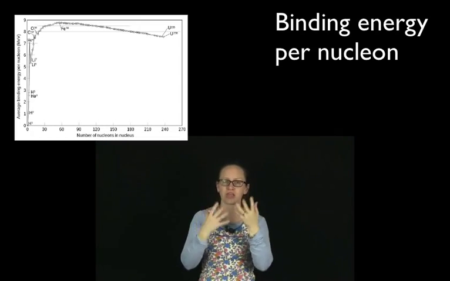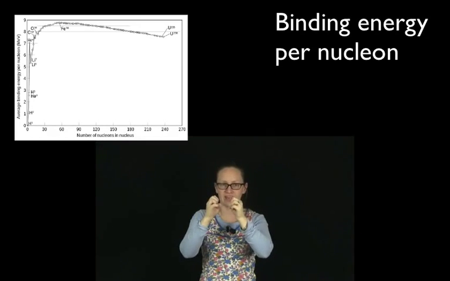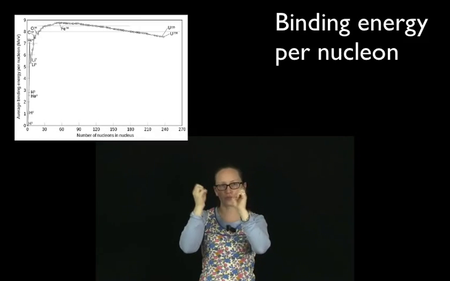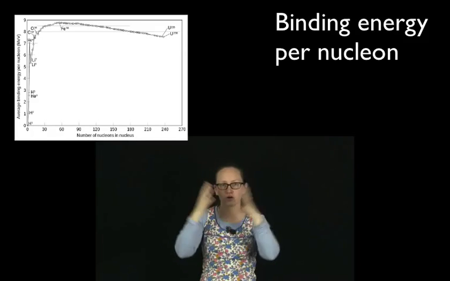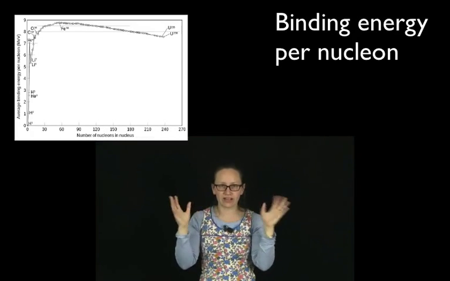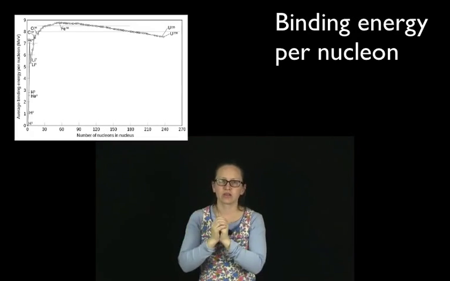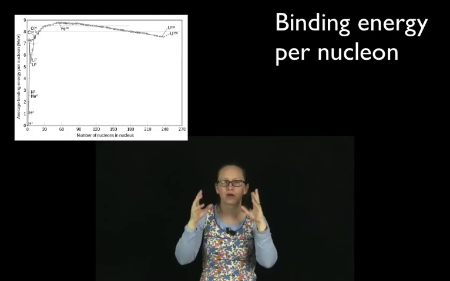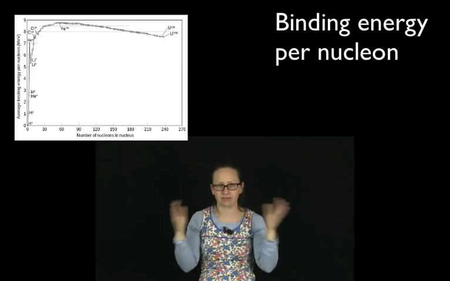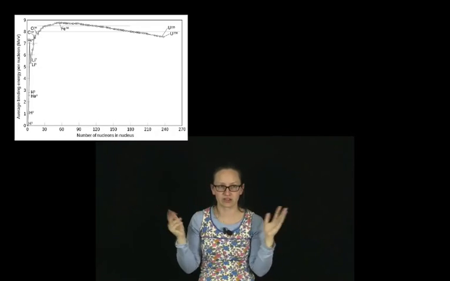So this is how much energy we need to put in for each of the protons or neutrons found within the nucleus to completely cause that nucleus to come apart. So this graph here shows the binding energy per nucleon for all the different elements and isotopes.